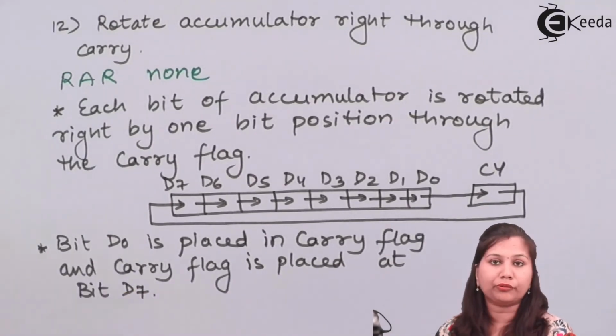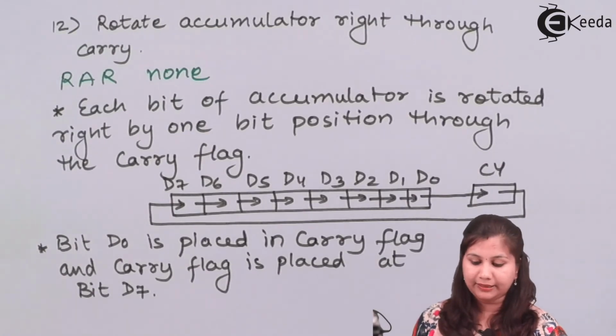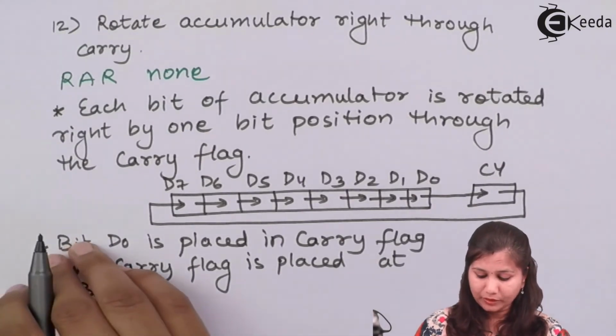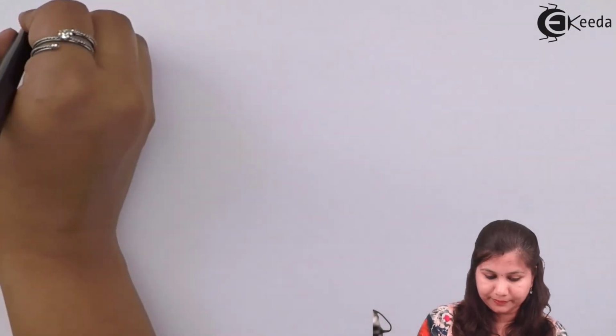So these were the 4 rotate instructions: RAR, RLC, RAL and RRC. Next logical instructions we have are the complement instructions.